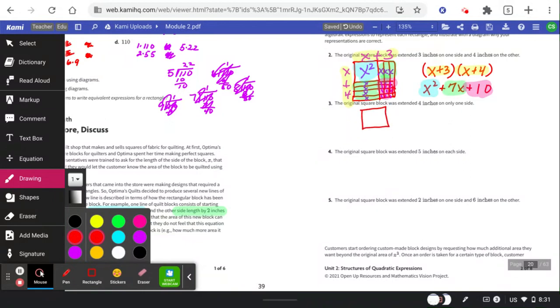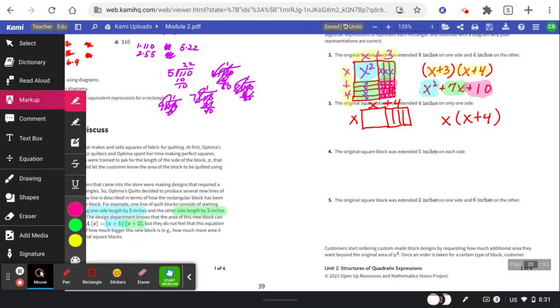Extended by 4 inches only on one side. So this time we've got x by x plus 4. Here's my side labels over here.